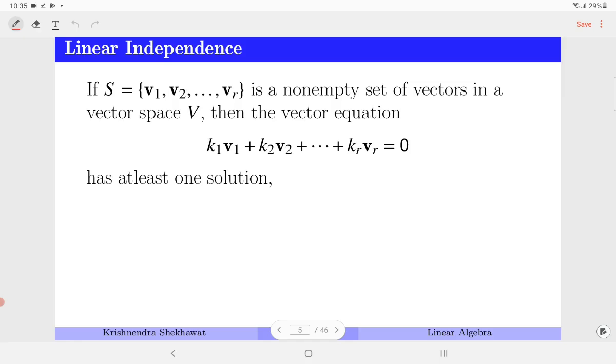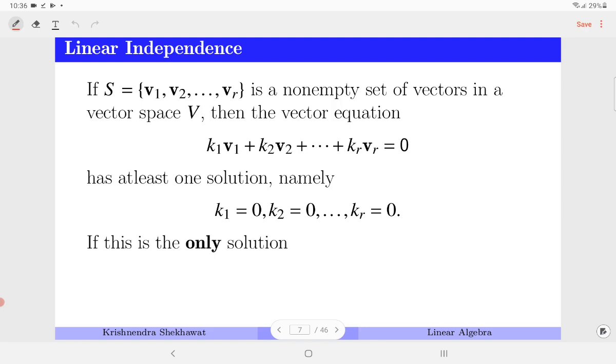Now whenever you see anything in this course, you have to look at it with the glasses of vector space. So here this equation means k1·v1 + k2·v2 + ... + kr·vr = 0 vector. If we consider this equation, then this equation always has at least one solution. Think over it. Why? I will come back to it.